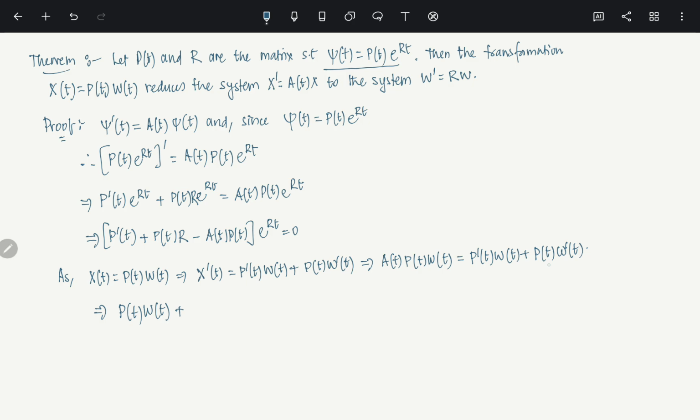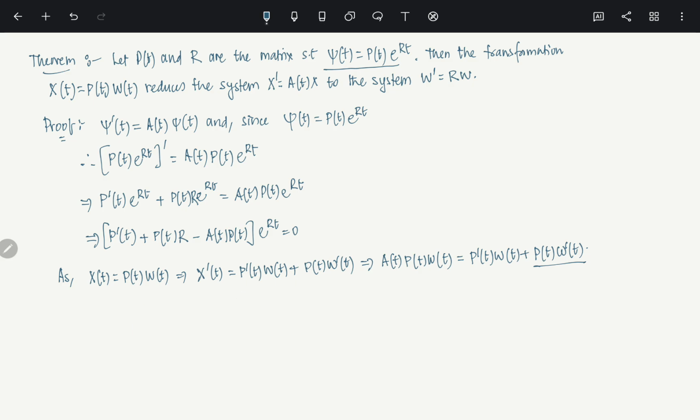I think I made some mistake somewhere. So this expression is there, and P prime is there, right? Okay, fine.